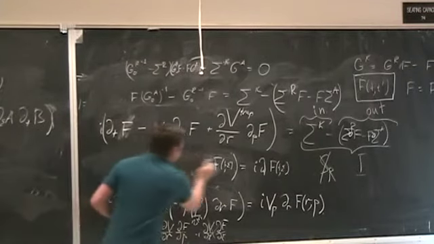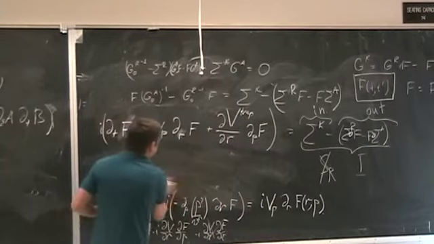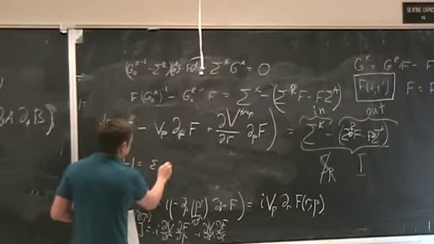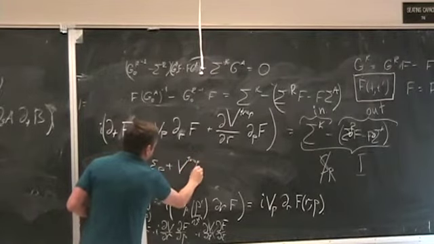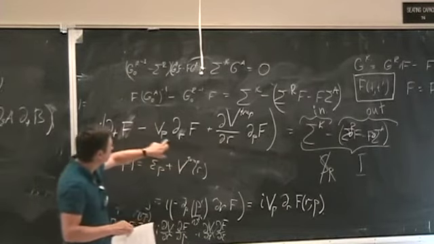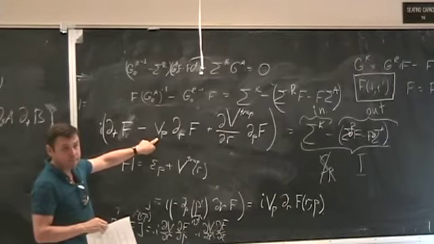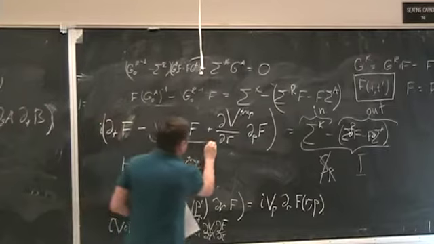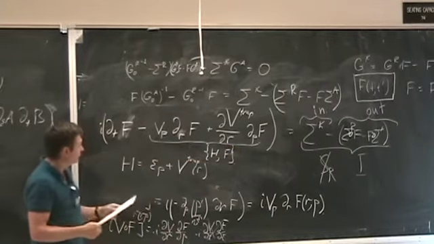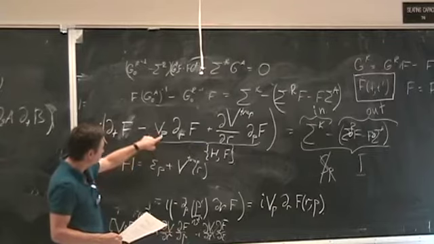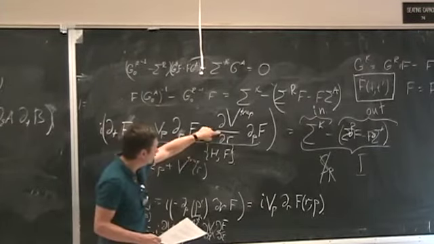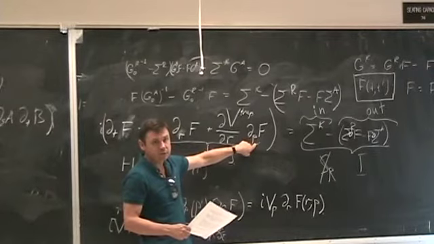Now, if you think for a sec that you have a Hamiltonian which looks like ε(p) plus V_trap(r), then you immediately see that this thing is a Poisson bracket of your Hamiltonian and f. ∂H/∂p gives you this, it comes with ∂f/∂r, and then ∂H/∂r gives you this, and it comes with ∂f/∂p.